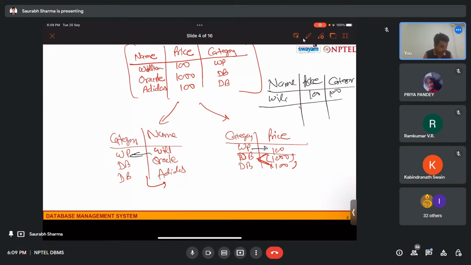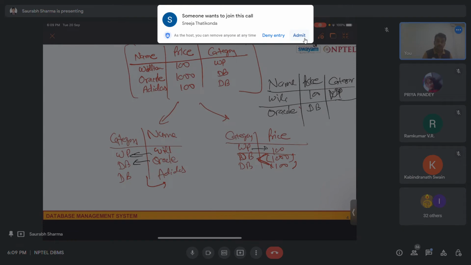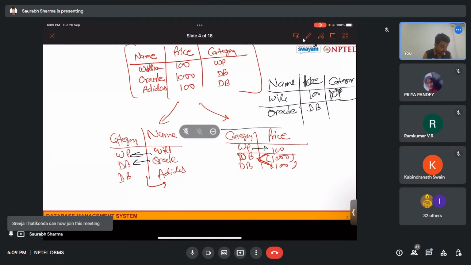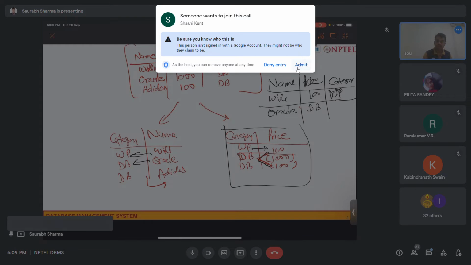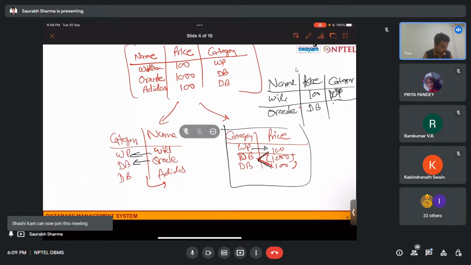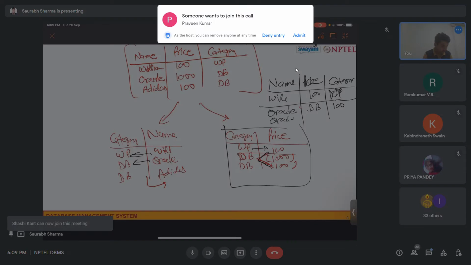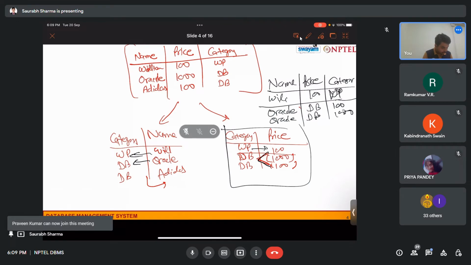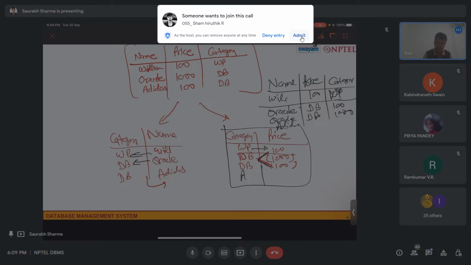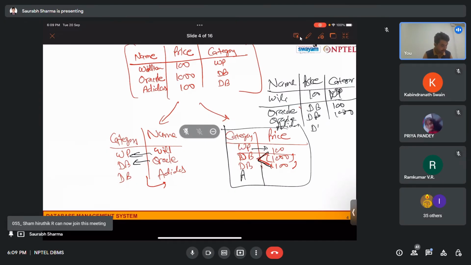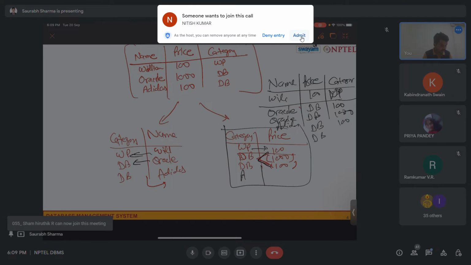Now coming to Oracle. Oracle is having DB, so for DB there are two entries in the category price table. So it will be mapped with both of these. Similarly for Adidas, it is having DB, so it will be having DB 1000.